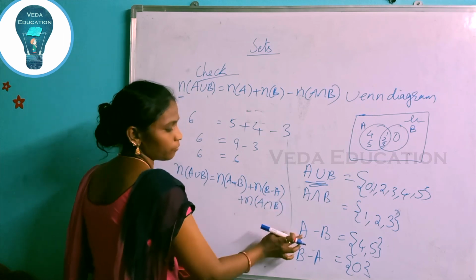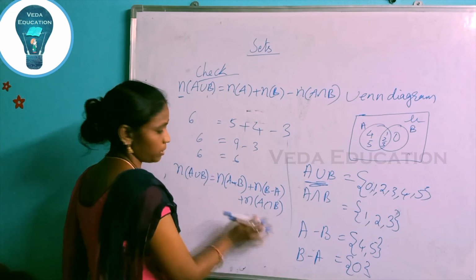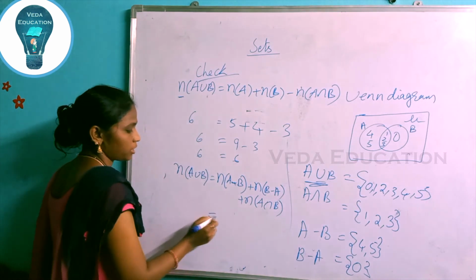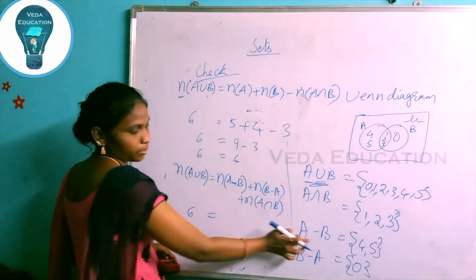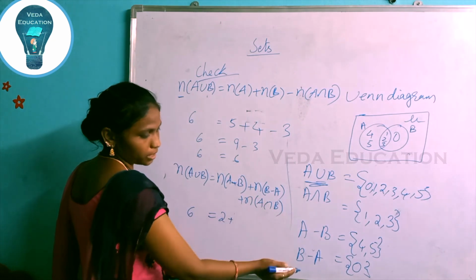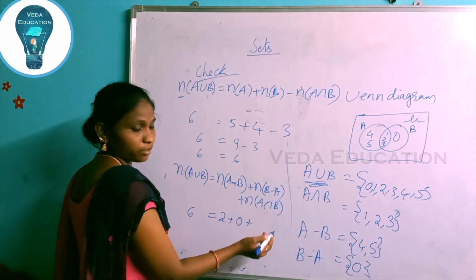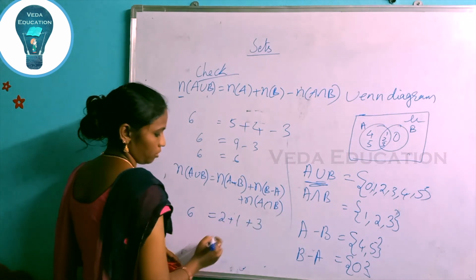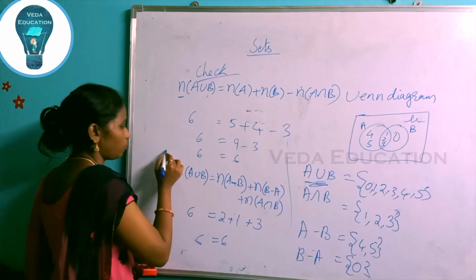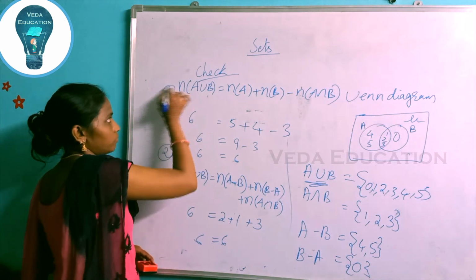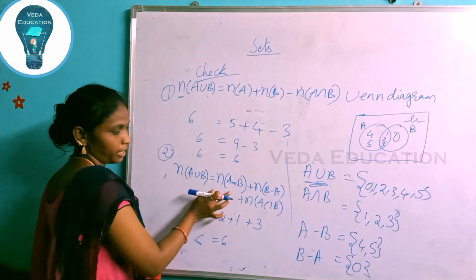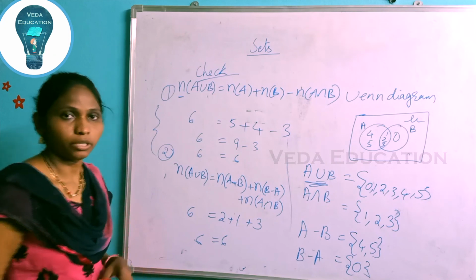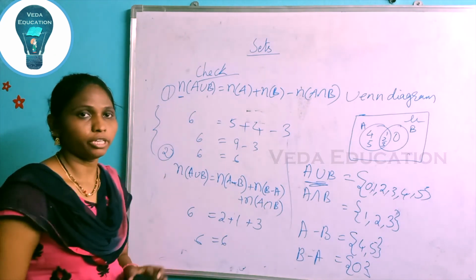Because in the differences we already separated the intersected elements, so that's what we are adding. Here we separate and here we add it. Next, N of A union B is 6 elements, N of A minus B is 2 elements, N of B minus A is 1 element, N of A intersection B is 3 elements. Now check it: 6 equals 6. This is one more formula. Here A and B sets we are using, and here A minus B and difference sets we are using. Okay, these two formulas are very important. Got it everyone? These are the topics involved in the sets chapter.